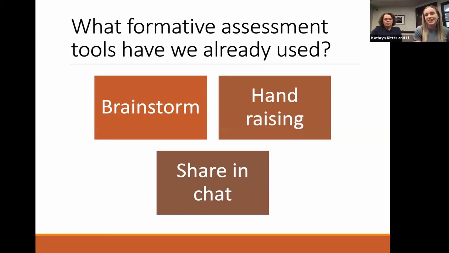And if you're in a virtual setting, you can pivot and do entry of a number in a chat if you can't see your learners, but that can be a helpful way to assess their comfort level with a particular topic where they're self-assessing themselves on a scale of 1 to 5. And then in virtual settings like this, sharing ideas in the chat can be a helpful way just to assess where your group of learners is at and how you want to continue teaching the content that you've already planned to include in your talk.